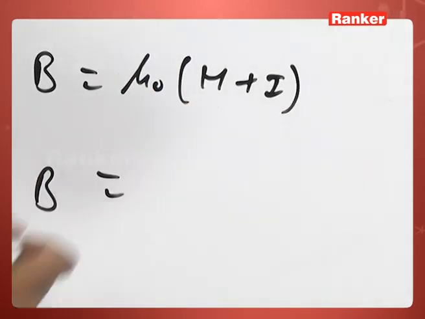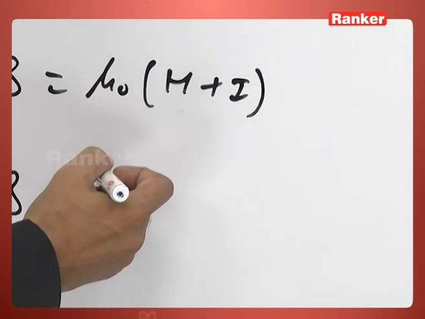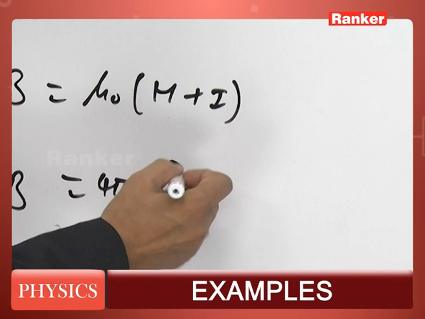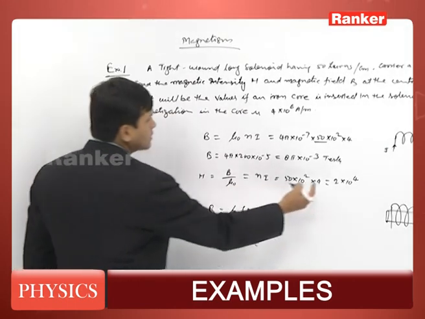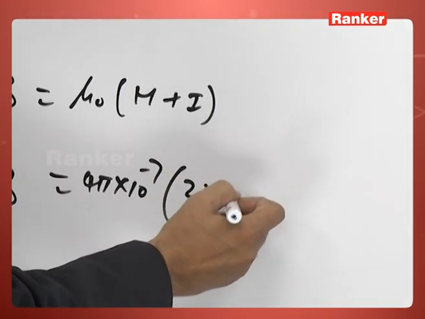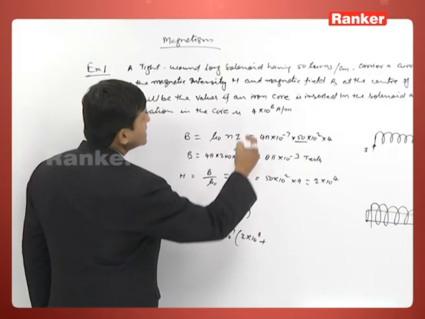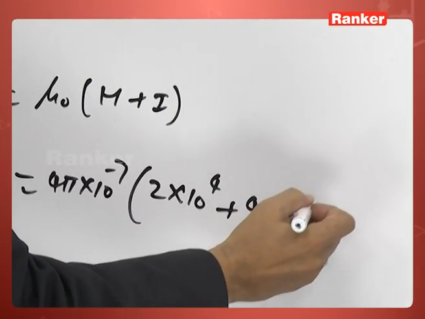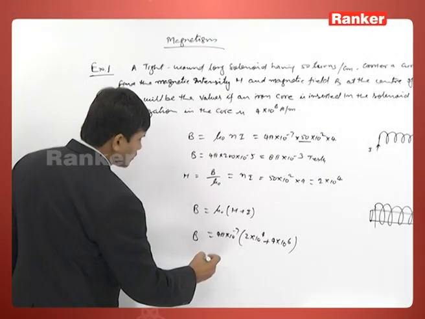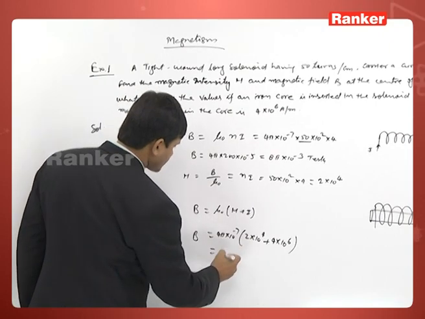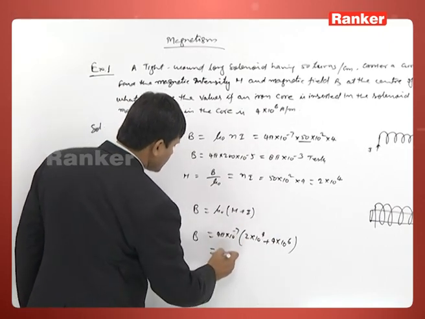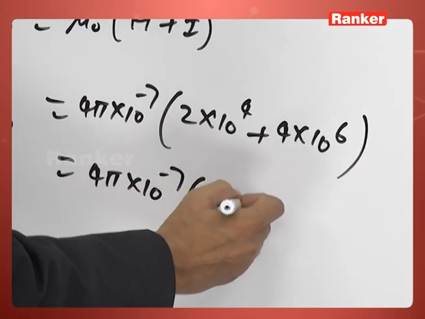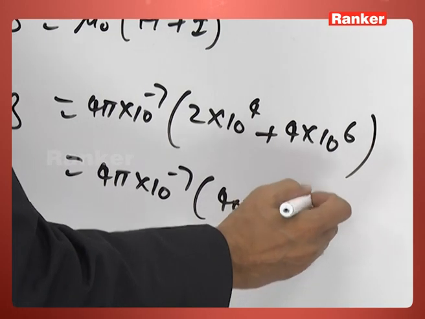The B is equal to mu naught, which is 4 pi 10 power minus 7, and the H value is 2 into 10 to the power 4. I is the intensity of magnetization, that is 4 into 10 power 6. So this is 4 pi into 10 power minus 7 into 402 into 10 power 4.